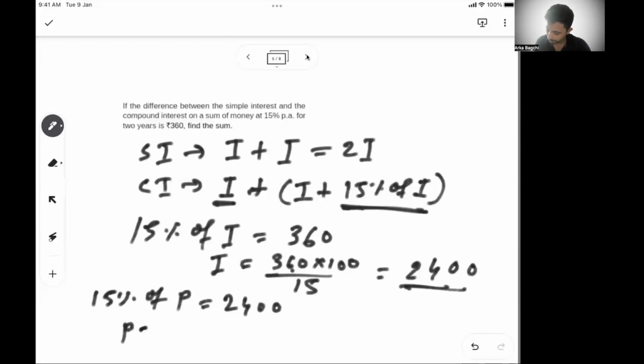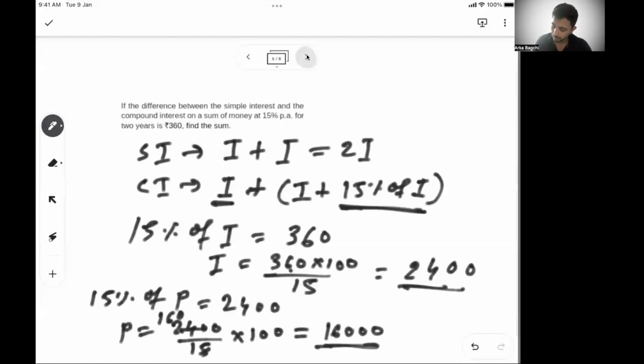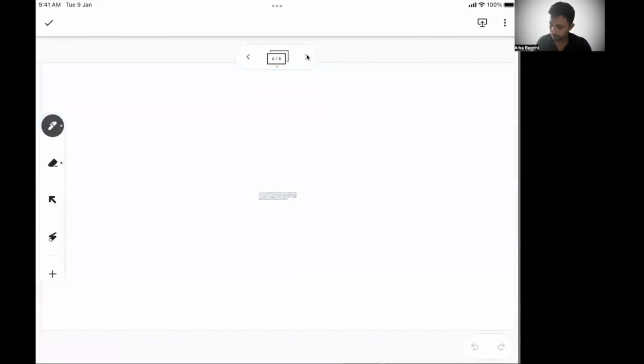So your principal becomes 2400 divided by 15 into 100, which means 16,000 is the principal, right? So your principal is 16,000. Okay, any doubt, please drop a note. So go to the next problem.